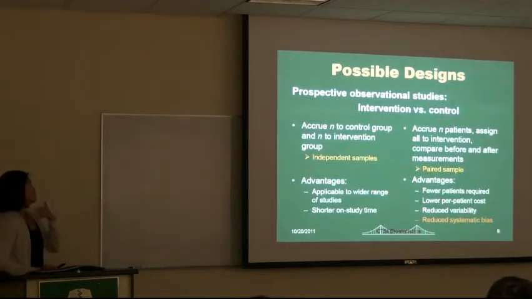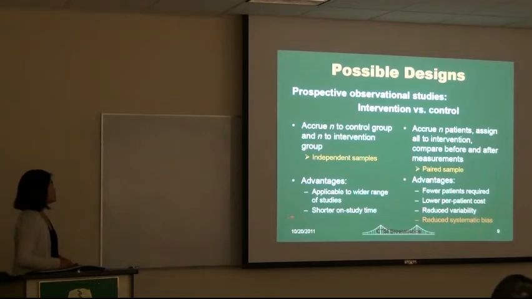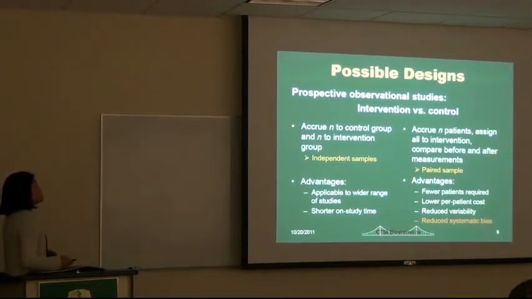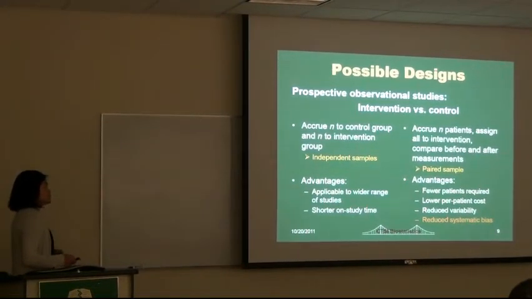So another possible scenario where we can obtain paired data is in prospective observational studies. Let's say you want to compare outcomes from an intervention versus a control. Again, you can either accrue 2n patients, assign n to the control group and n to the treatment group, and then you'll end up with independent samples.